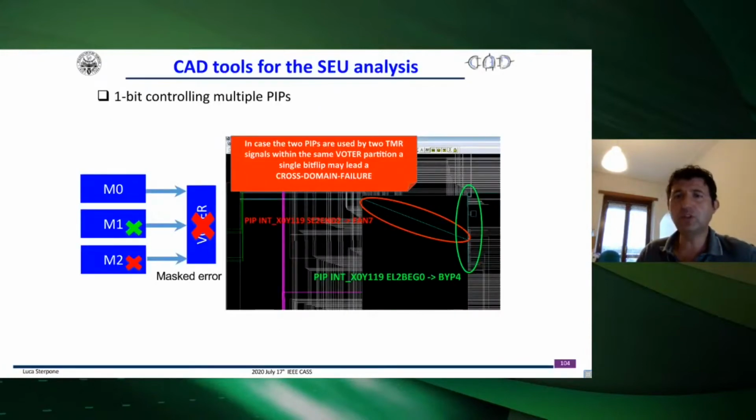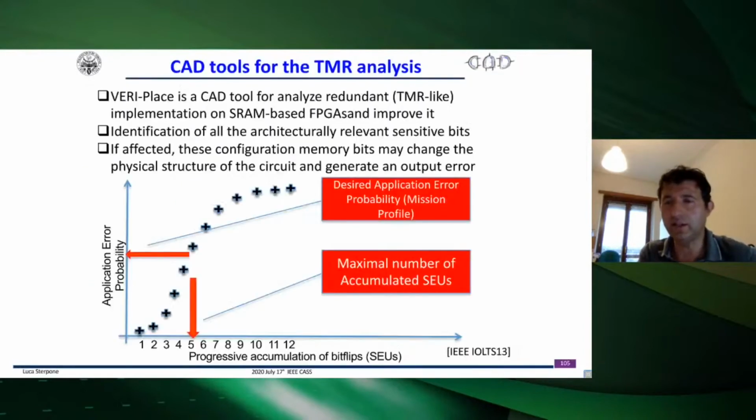To do these things, of course, you need CAD tools to control it, and the CAD tool here will be able to actually perform the analysis of the configuration memory. And that's the connection with the single event functional interrupt phenomena that I said at the beginning.